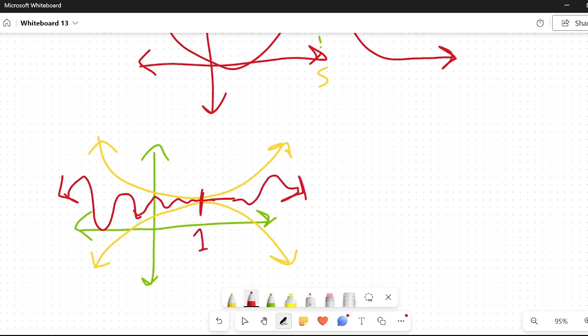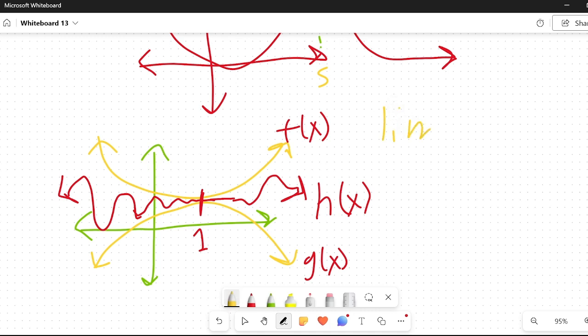I know h of x looks very sloppy here. So we have f of x and g of x. The limit as x approaches 1 of f of x equals 1, and the limit as x approaches 1 of g of x equals 1 as well.